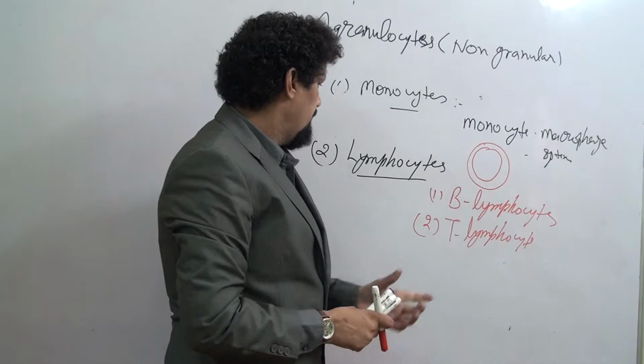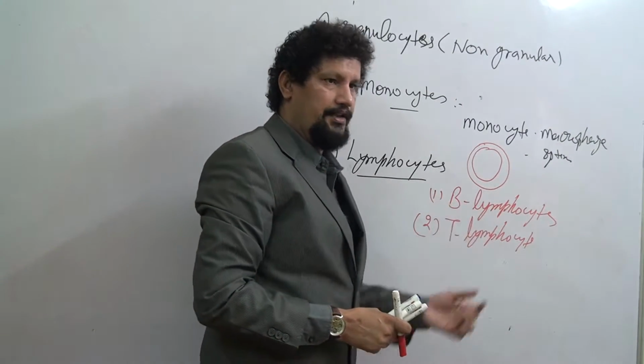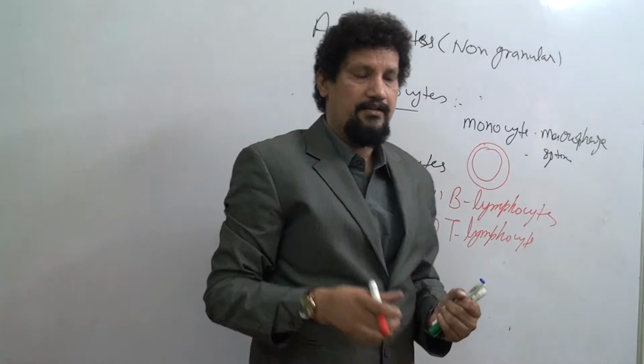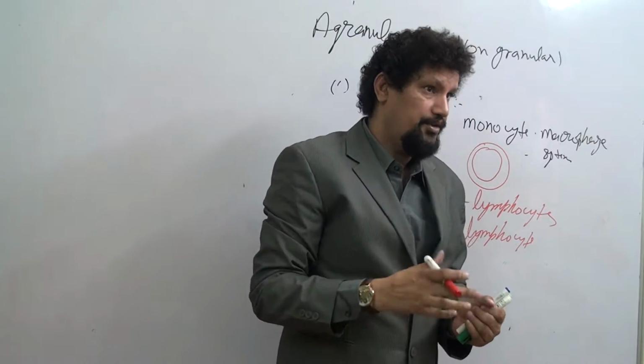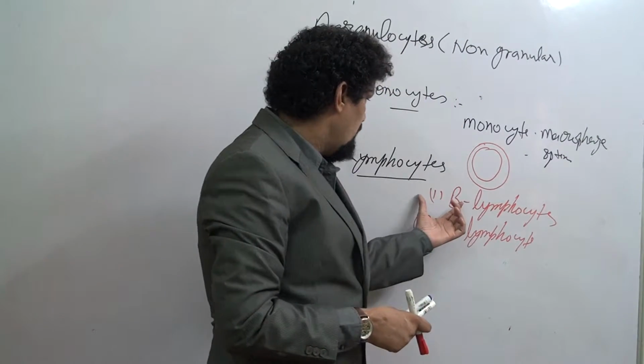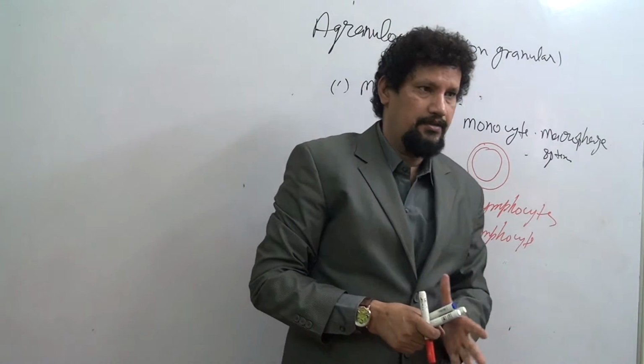The B lymphocytes differentiate and mature and grow in the bone marrow in response to the antigen.